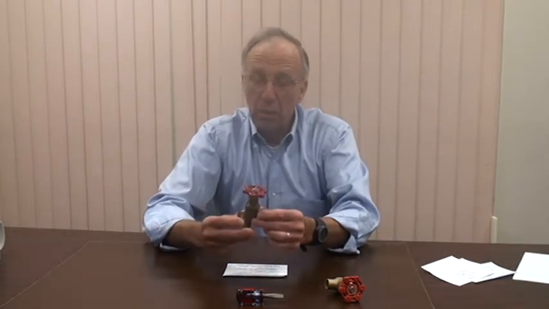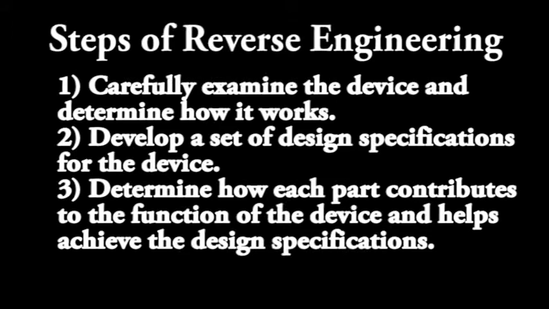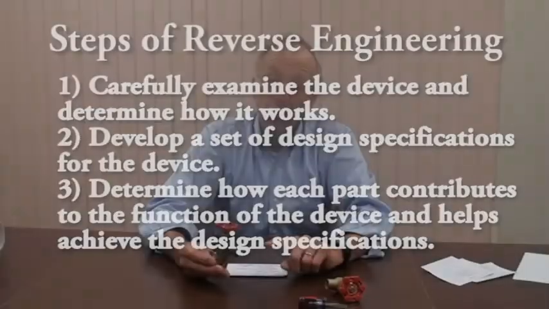So once you've described how it appears to work, then you begin to develop a set of more or less design specifications as to what are the ingredients that make it work, or what are the functions it needs to work, and then we'll begin to take this object apart and determine how each individual part contributes to its overall functionality.